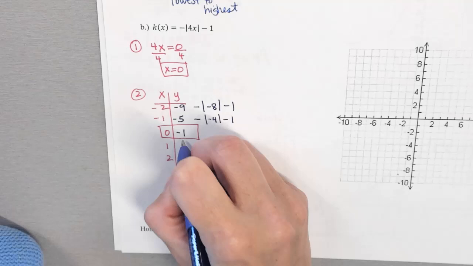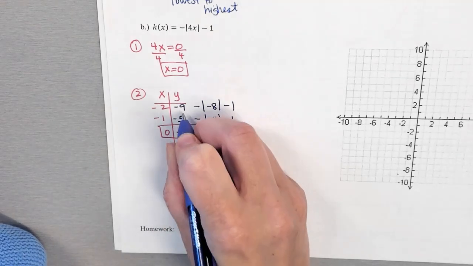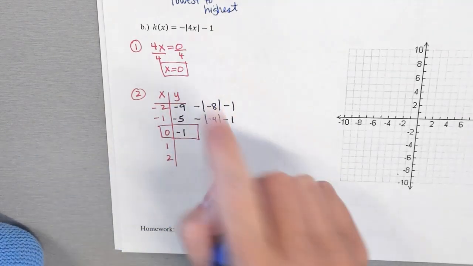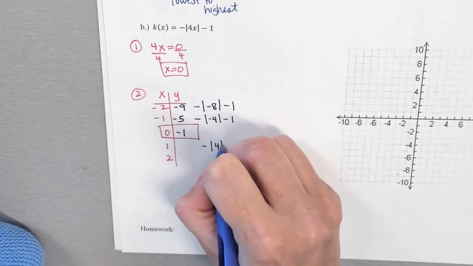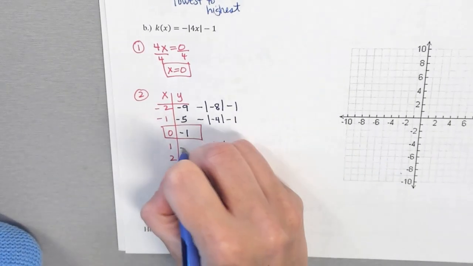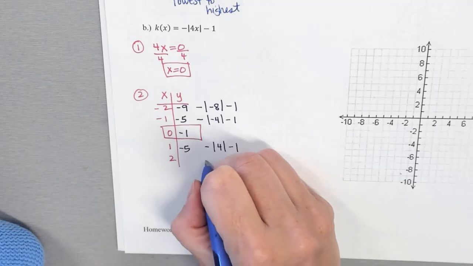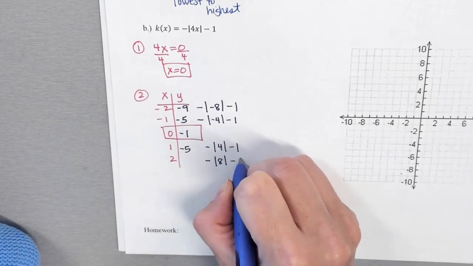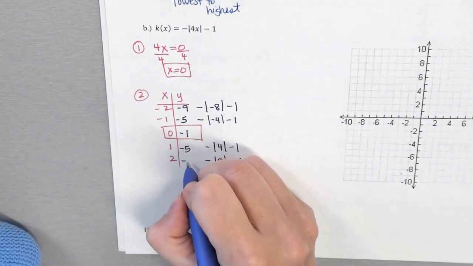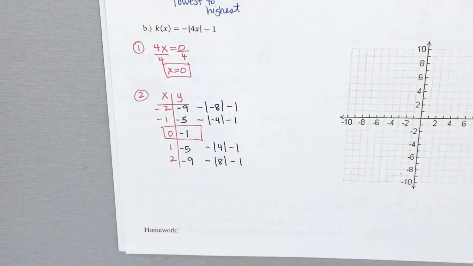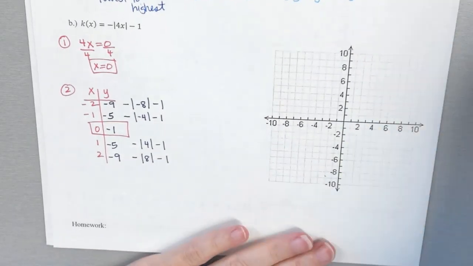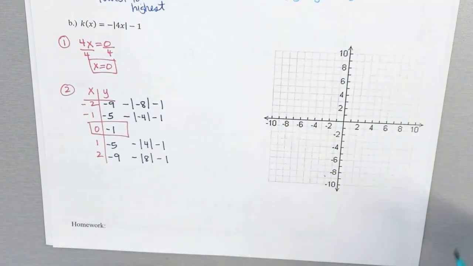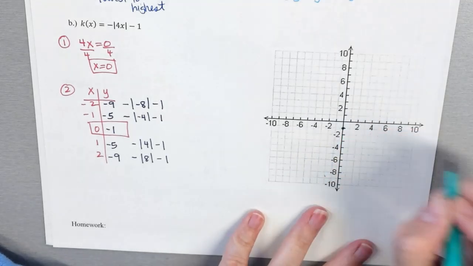And we know that if this is the center, these should be symmetric. So when you plug in 1, you have -4 minus 1. Yep, that's going to be -5. 2 times 4 is 8, so you have the opposite of 8, minus 1. And then we can plot our points.